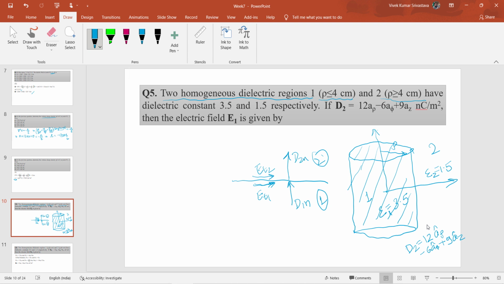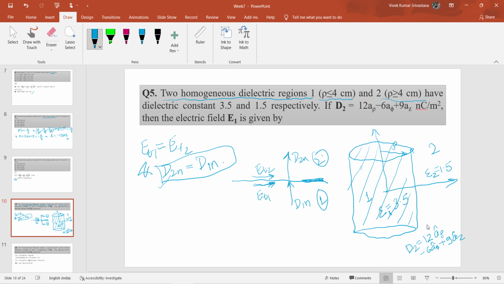From here we can say that Et1 equals Et2, and D2n equals D1n. This condition is satisfied only when there is no surface charge present at the boundary. Here it is not specified in the question, so I am directly taking that there is no surface charge at the surface, and writing D2n minus D1n equals zero.